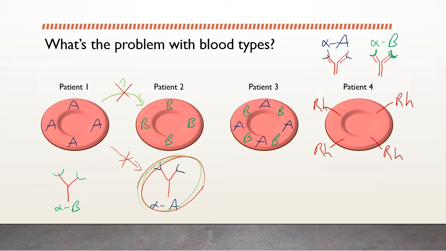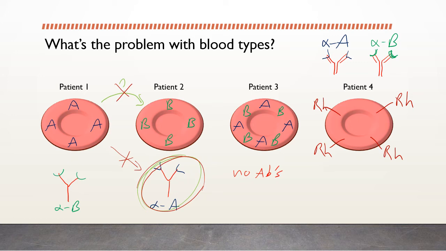So let's look for a second at what antibodies are going to be in these patients' blood. Well, patient 3 has A and B glycoproteins, so they would not make anti-A and they would not make anti-B. So far, no antibodies.